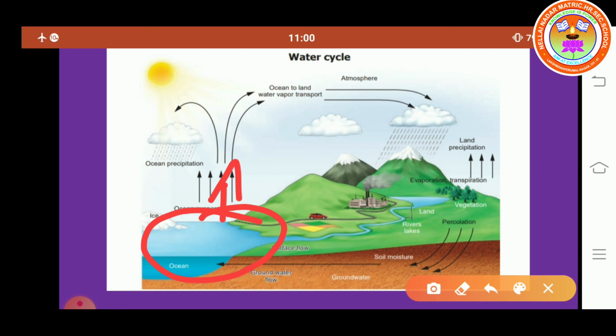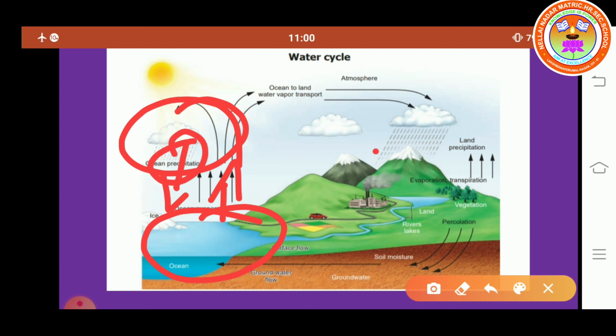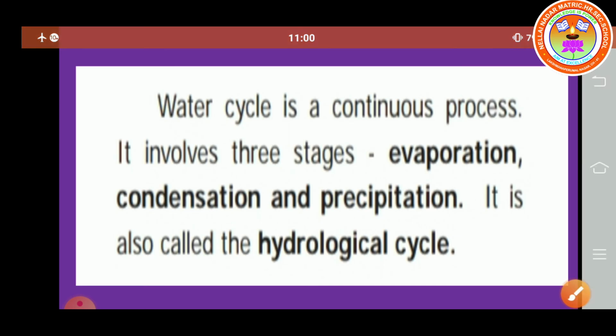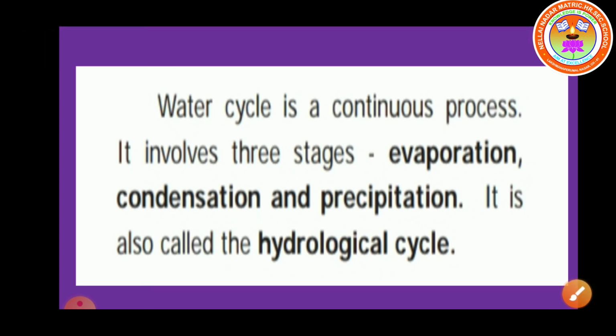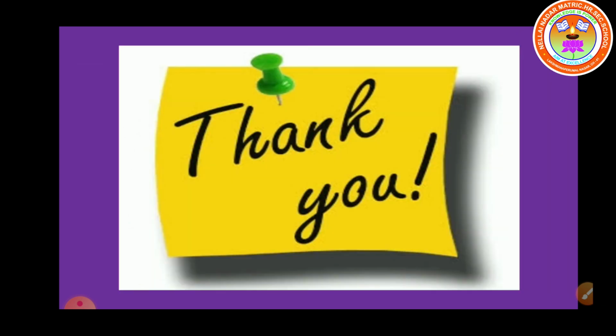During condensation, that gaseous state is converted into liquid state, and in precipitation, that liquid falls down to the surface of the earth in the form of rain or snow. What is meant by hydrological cycle? That is another name for the water cycle.